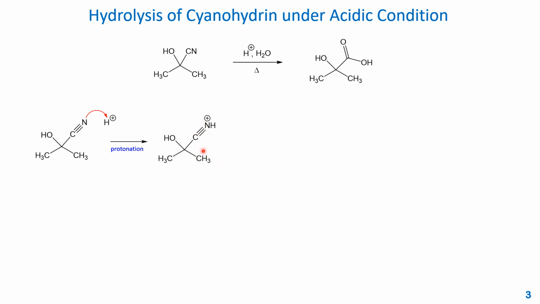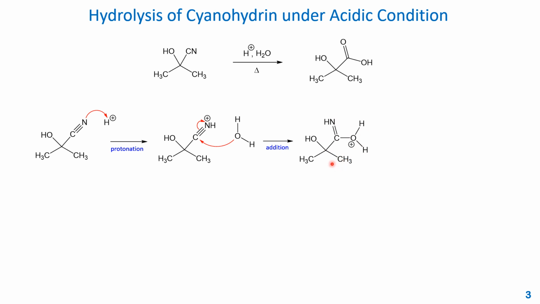And then water acts as a nucleophile and attacks this electrophilic carbon, and breaks the pi bond between the carbon and nitrogen. This is another nucleophilic addition. And then the product, I should say intermediate, is shown here.